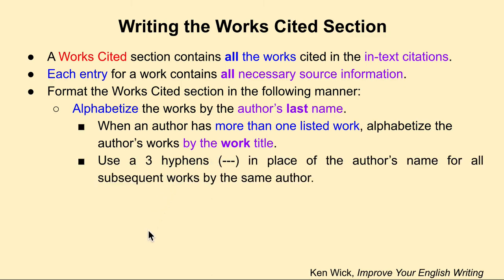And use three hyphens in place of the author's name for all subsequent works by the same author. Meaning, if you had three works by Smith, the first entry would start with the name Smith, but for the next entry by him, you just put three hyphens. You don't repeat the name. You'll see this in the example on the next slide.